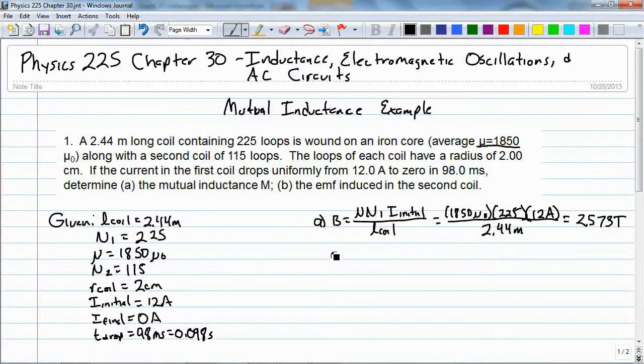Our flux is going to equal our magnetic field times pi r coil squared.